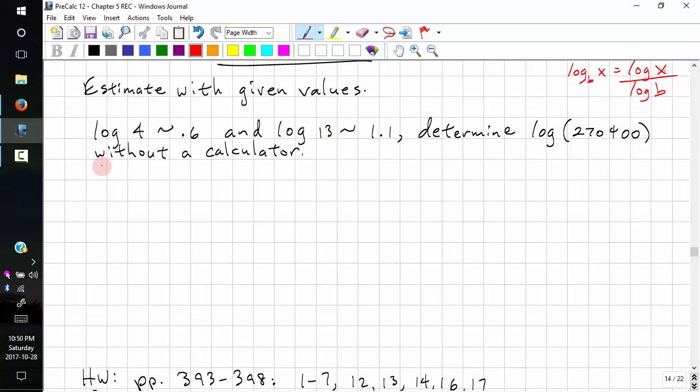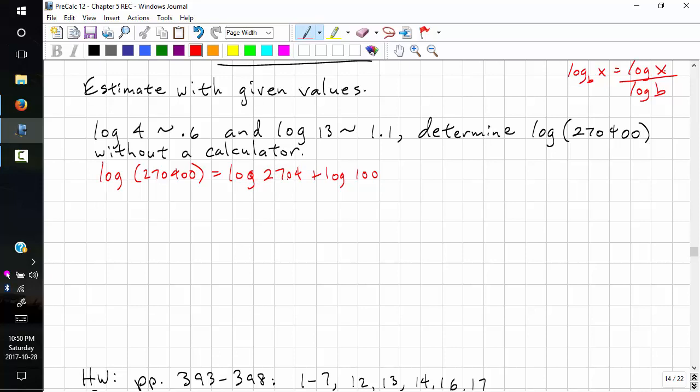But before we factor, we need to remove powers of 10. So log 270,400 equals log 2,704 plus log 100. And we want to factor out the powers of 10 because we can do this without a calculator.